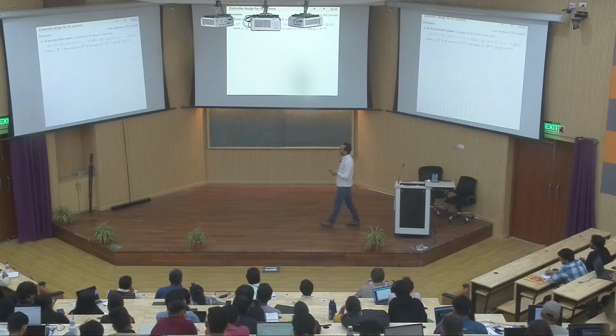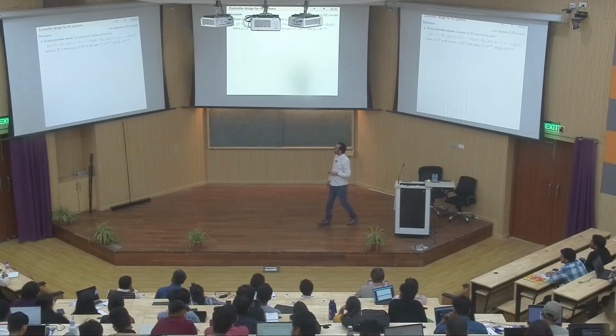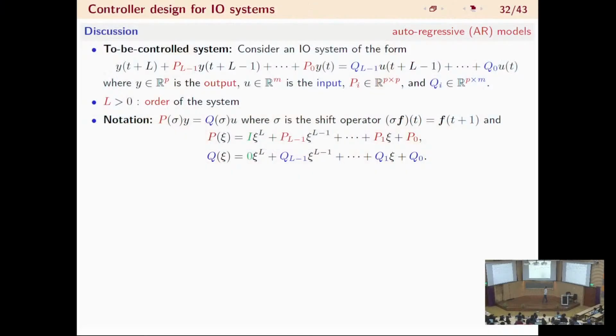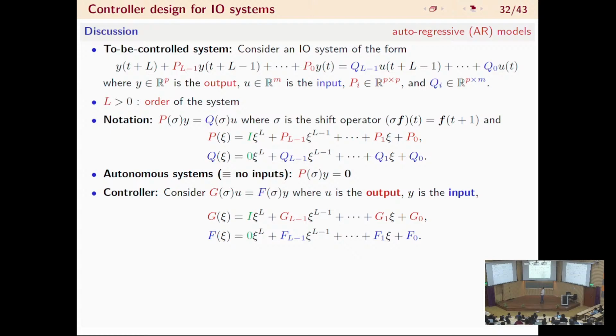So now I start with the system to be controlled. L is the order of the system. I define these polynomial matrices, and therefore I can write the system in a compact way. And for autonomous systems, I know how to assess stability. And now I choose a controller. What does a controller mean in this case?